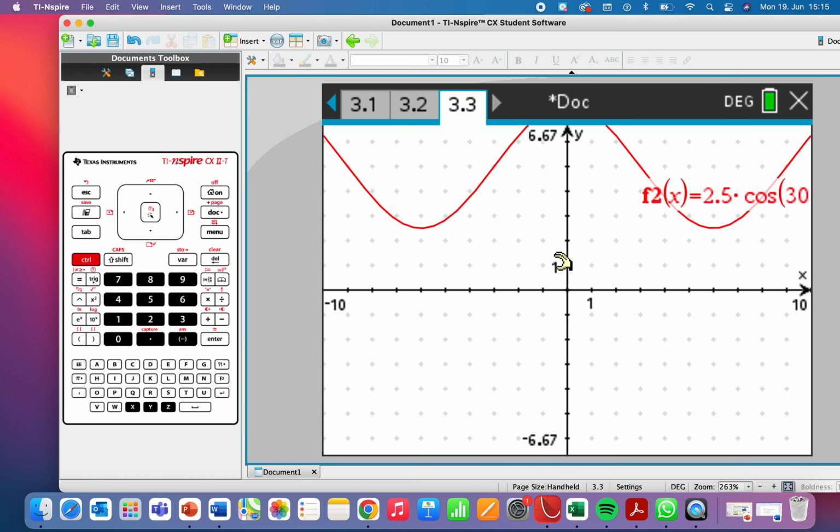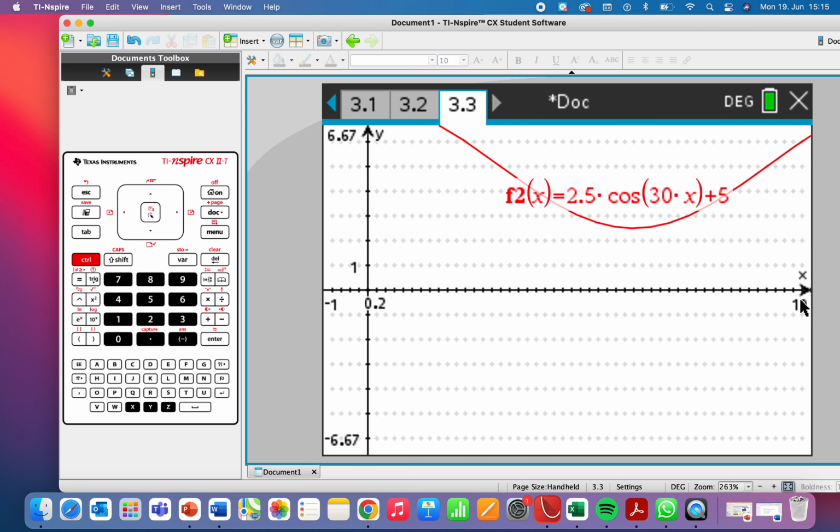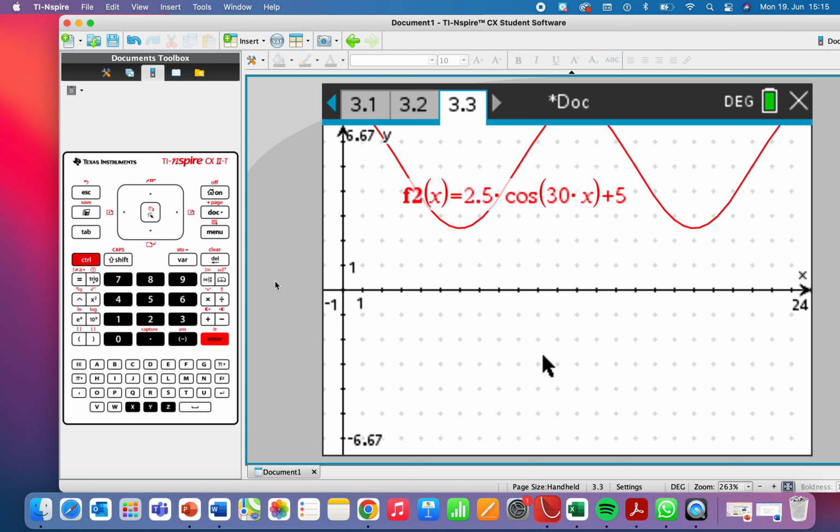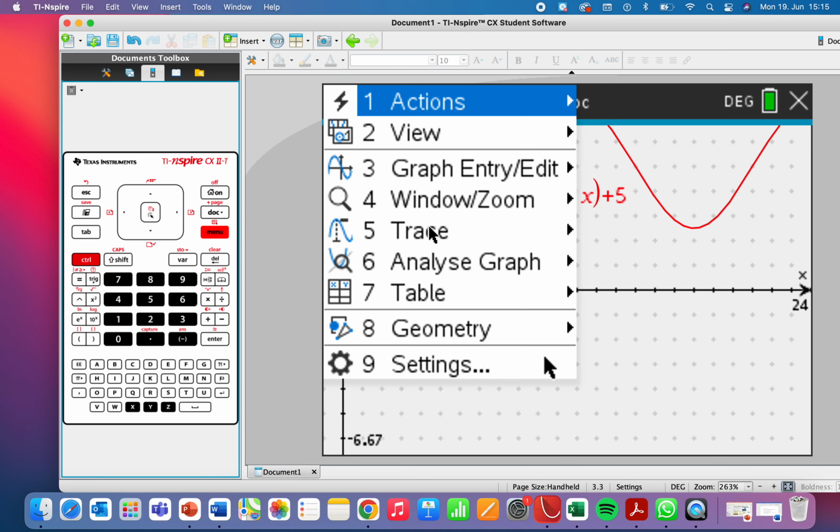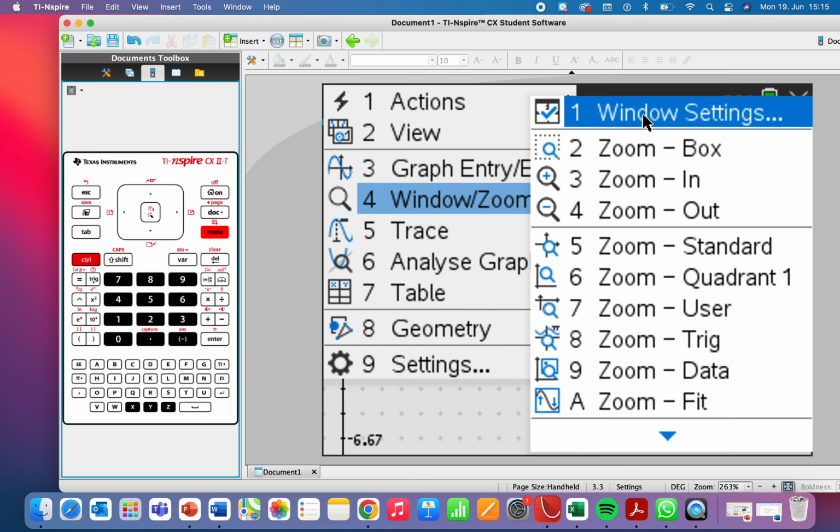Now I'm going to change the scale on the calculator itself. You can do this in two ways. You can just click on the numbers themselves if you're quite good with the TI-Nspire calculator. But maybe easier is to go through the menu, then window zoom and window settings.